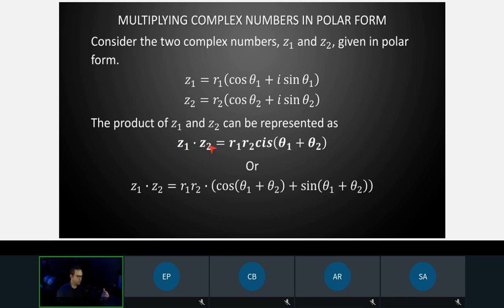To multiply two complex numbers that are in polar form, all you have to do is take the R values and multiply those together, and then take your two angles and add them together. So again, for multiplication, you add the angles and multiply the R values. It's really that easy.